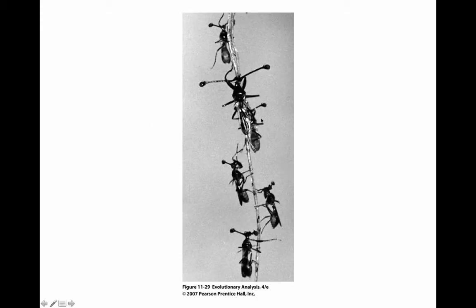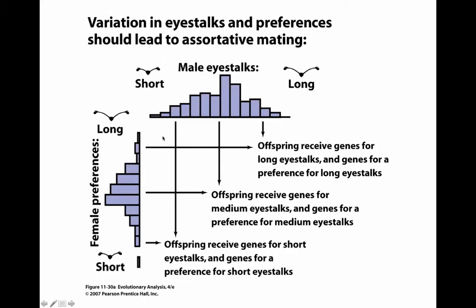So I want to come back to these stalk-eyed flies, using an image from the other textbook, from Freeman and Heron. And what happens is female preference ends up correlated with the ornament. So females that prefer longer eye stalks also have male offspring that have longer eye stalks.